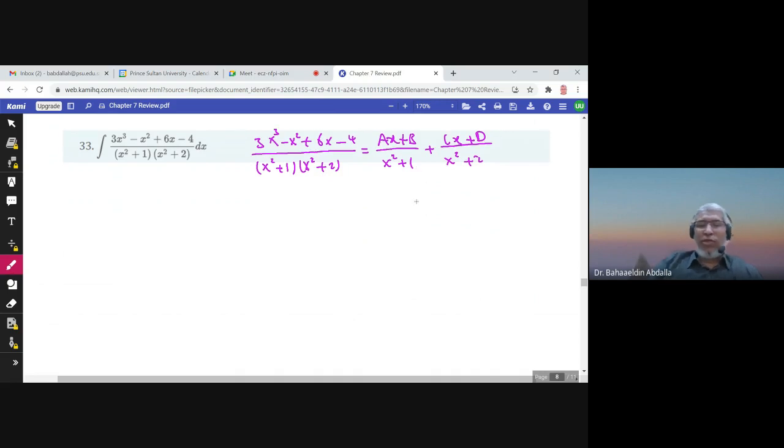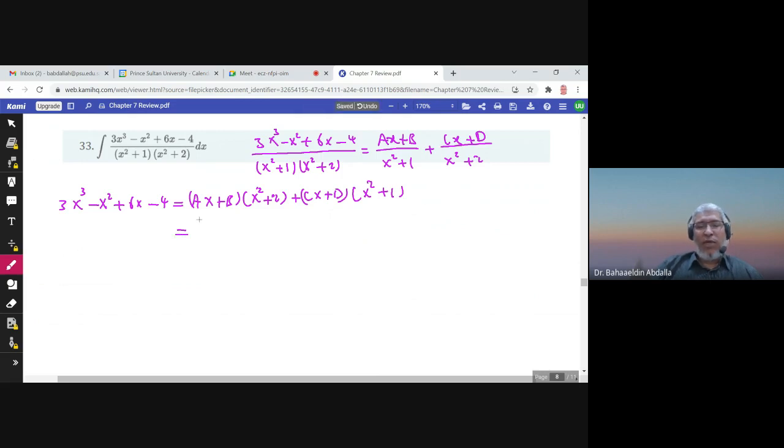And now I need to multiply by the denominator, x squared plus 1 times x squared plus 2. So I will have 3x cubed minus x squared plus 6x minus 4 equals ax plus b times x squared plus 2 plus cx plus d times x squared plus 1.